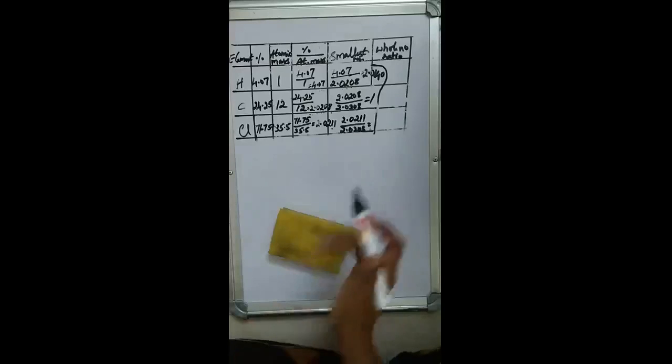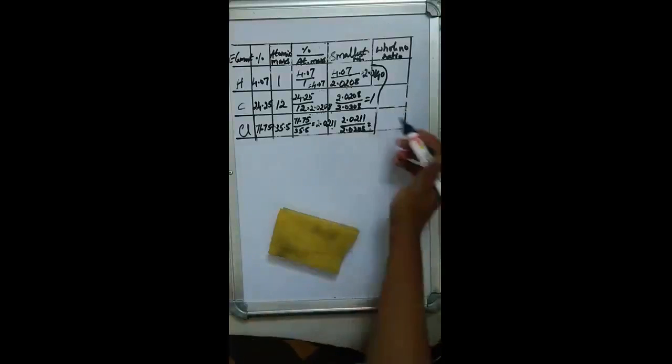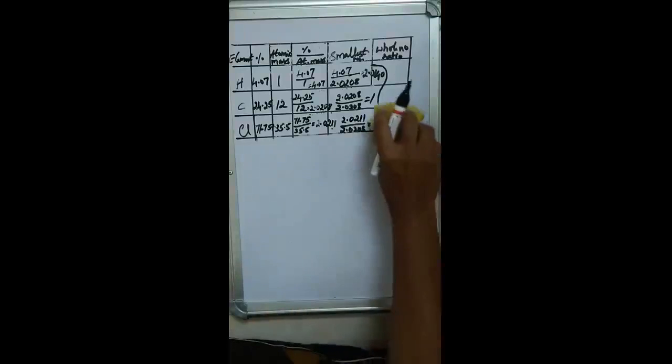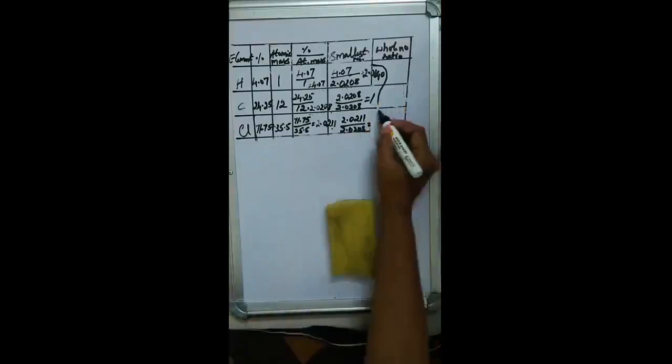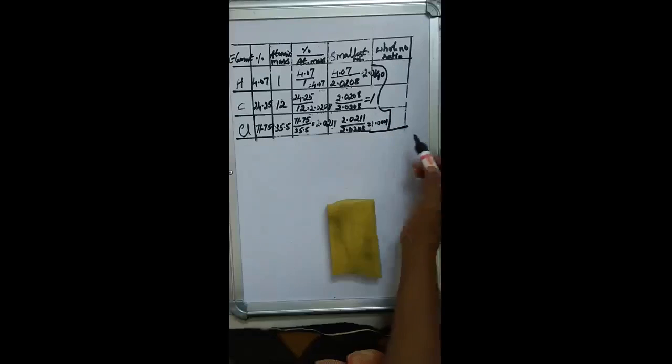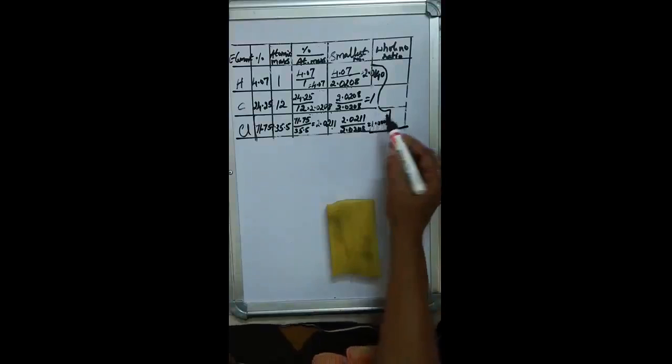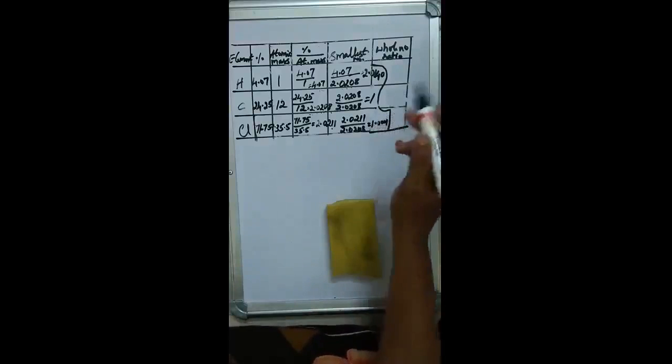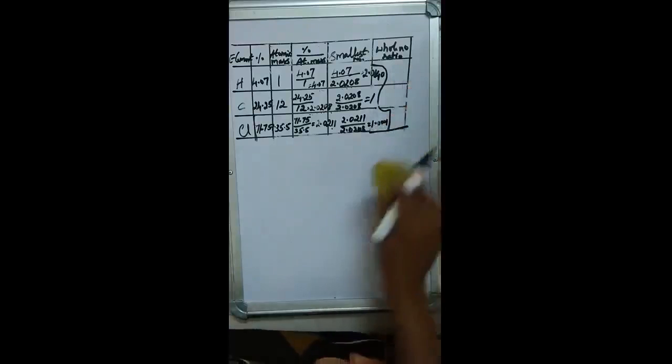You will get 1.0001. After the point, how many digits should you write? 4 digits you should write. So it is 1.0001.